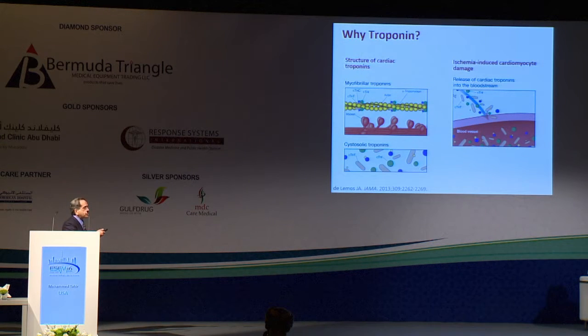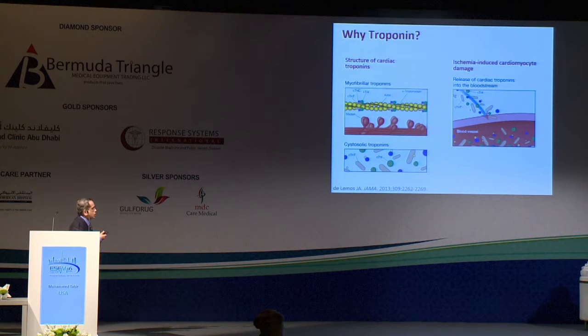So just coming back to the troponin, if you look at it, troponin C, troponin T, and troponin I are all there. Basically, what they do is, in the presence of calcium, they regulate and induce the contraction between actin and myosin, and that is the reason why a muscle contracts.